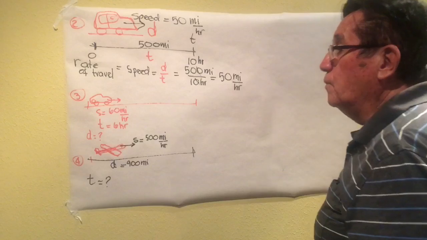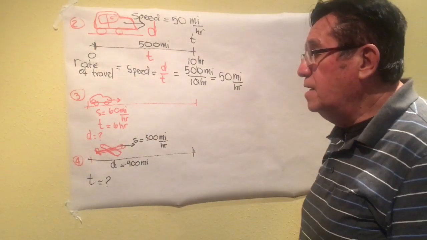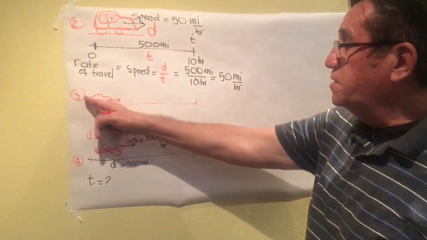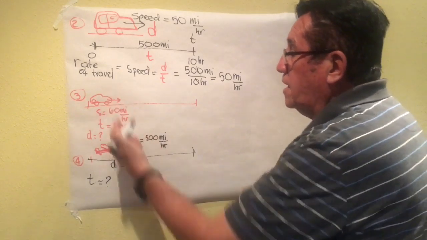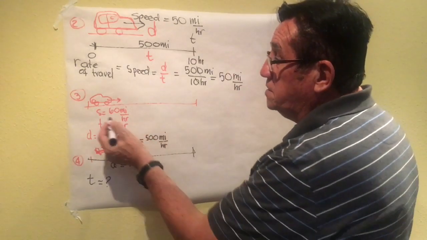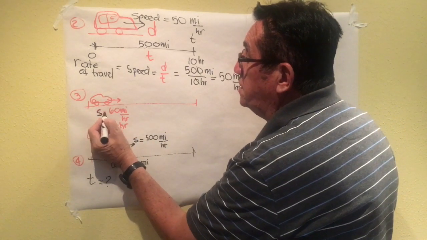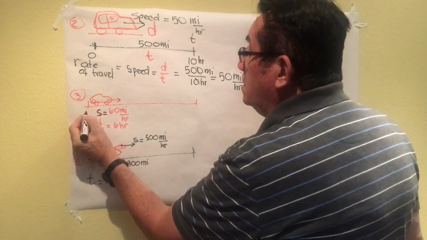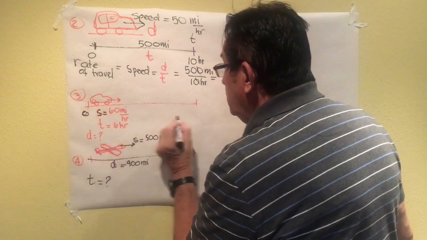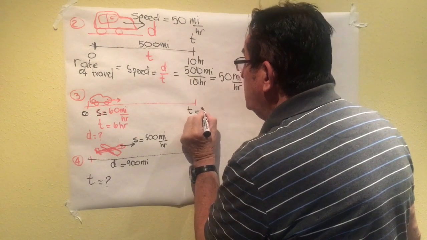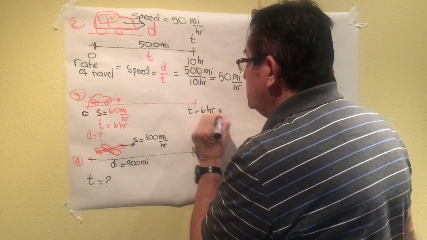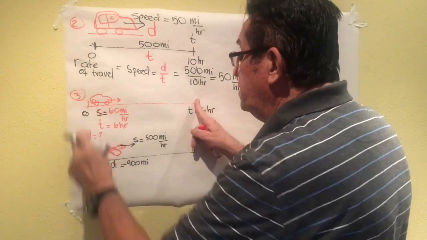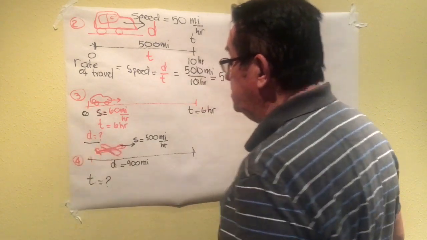Good. Now we have a third case. We have this little car, but we know its speed. The speed is 60 miles per hour, and it travels from 0 to t equals 6 hours. How long is the distance? We want to know the distance.